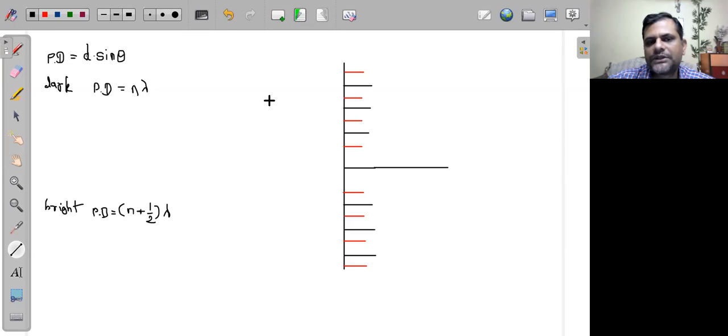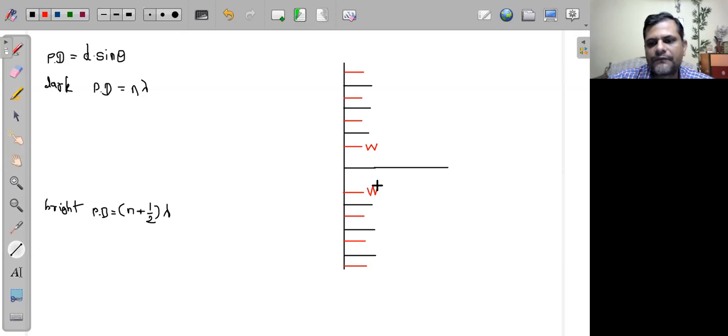And if you check the distances, suppose we consider the distance of the first dark band to be W. This W is the distance of the first dark band from the center, remember this. Even we can call this W in this case.